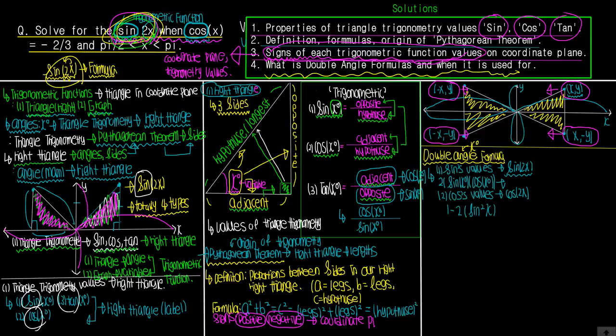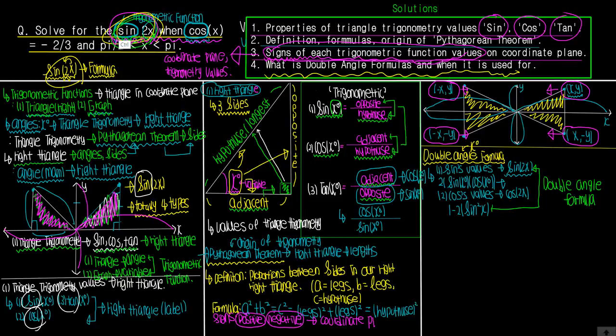So this is what the value is going to be, 1 minus 2 times sine squared of x value. This is what the cosine value is when we apply our double angle formula, but we haven't faced this question so far. So using these patterns, which we call the double angle formula, we can apply this to our original question.